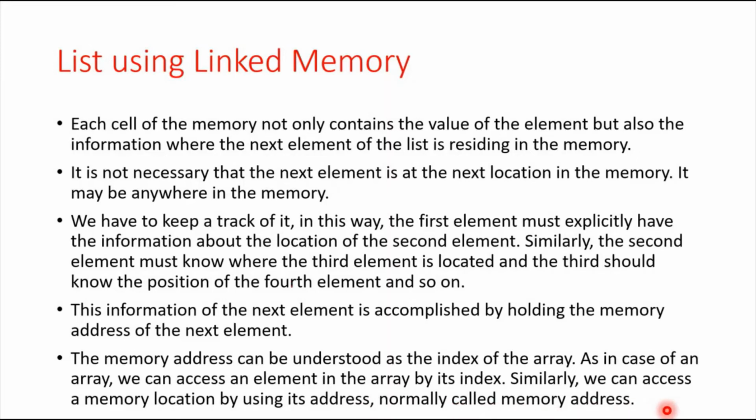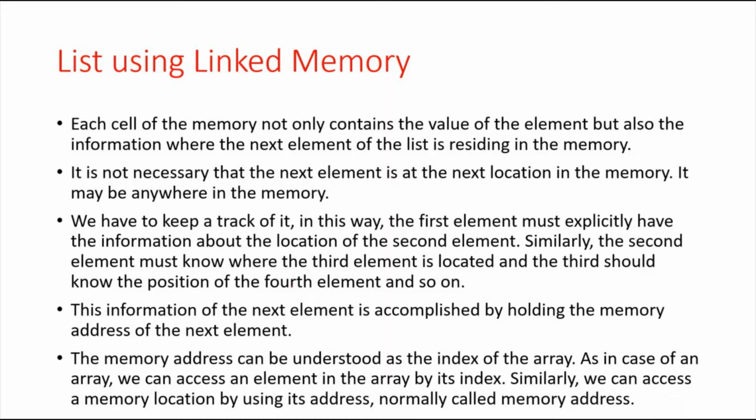Means what it says: in an array we use indexes to access the elements in the array, and in a list with linked memory we use memory addresses to access the element at a particular memory address.